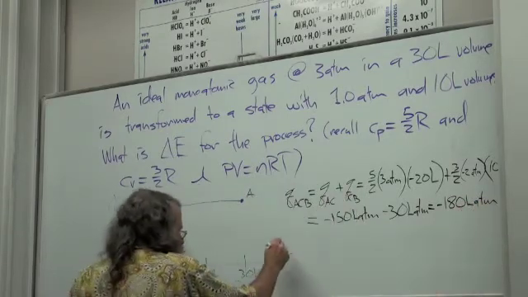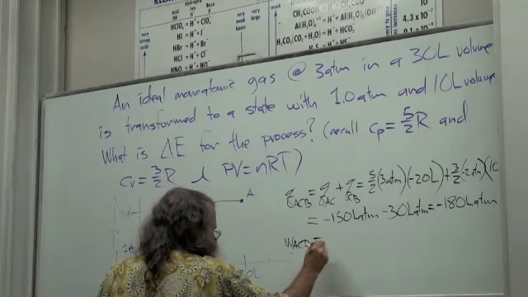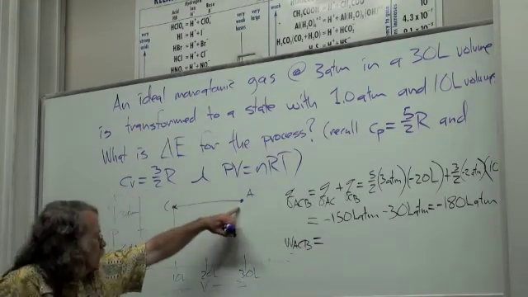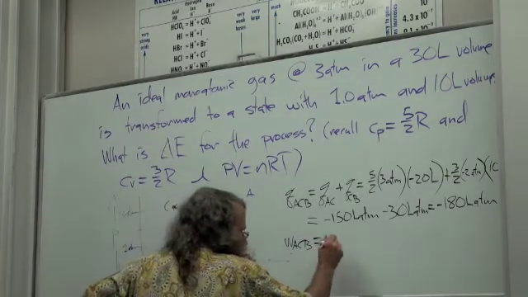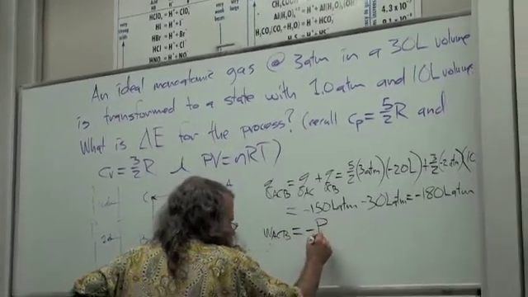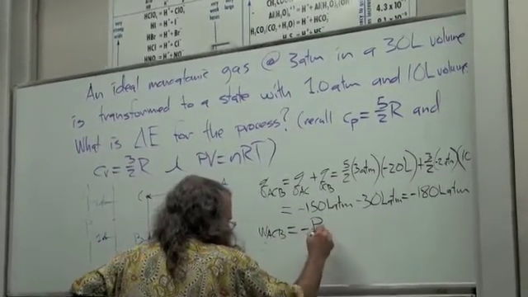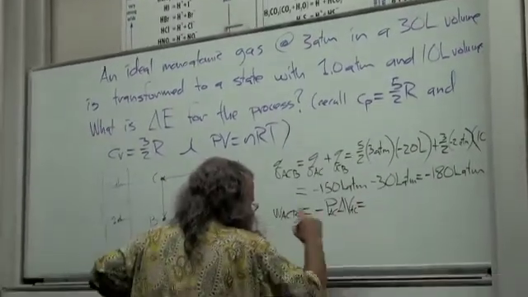And now W for A to C to B is equal to W_AC, which is minus P_AC times delta V_AC.